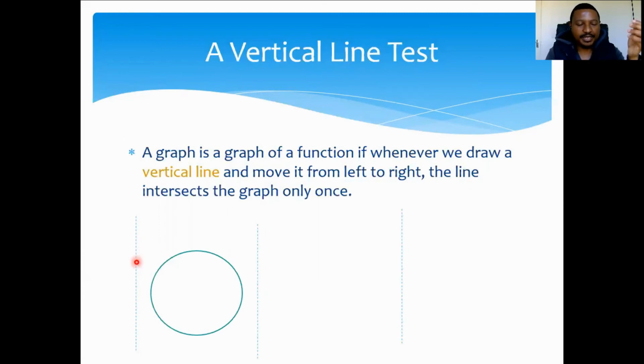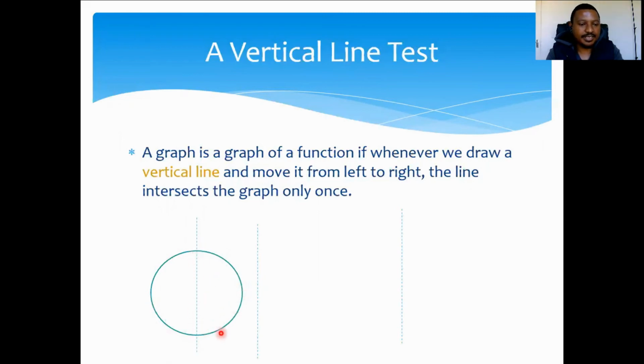So what are we expecting to see? If this is the graph of a function, we're expecting this line to intersect or touch the graph only once. If it touches it more than once, then that would mean it is not the graph of a function. Let's see what is going to happen, learners. That line intersects the graph at two places.